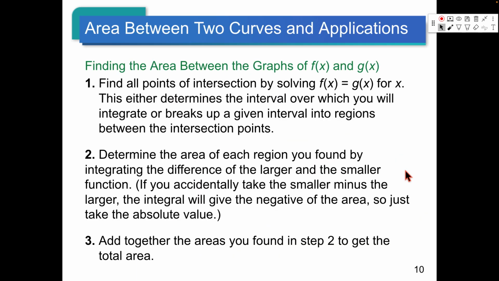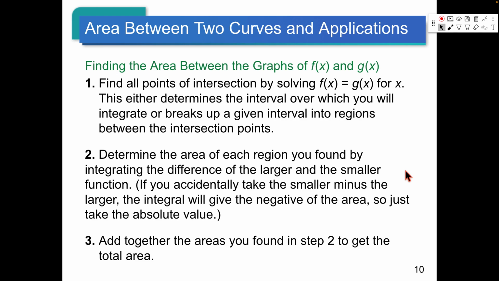So here's the official, from the textbook, what are we doing? So first thing is we're given two functions because we want the area between those two functions. We need to graph it first so that we can find those points of intersection, or we can do it algebraically. And if the test says do it algebraically, we have to do it algebraically. We may do it with the graphing calculator as a help, but be able to put enough steps that you set them equal and then solve for x.